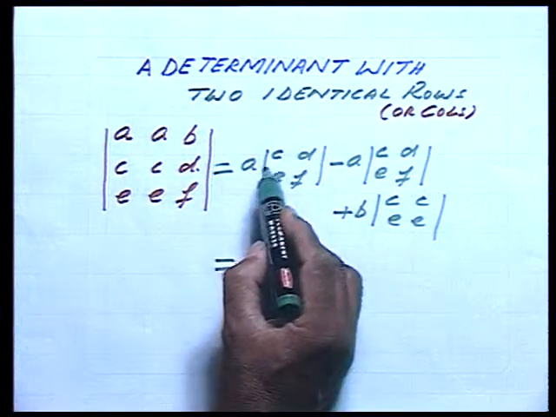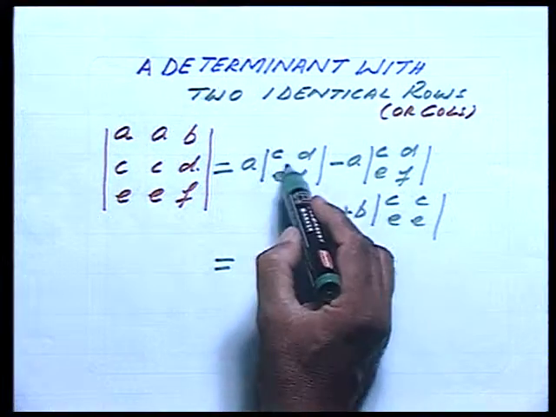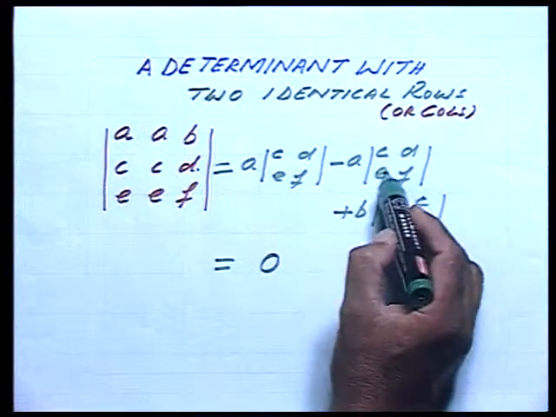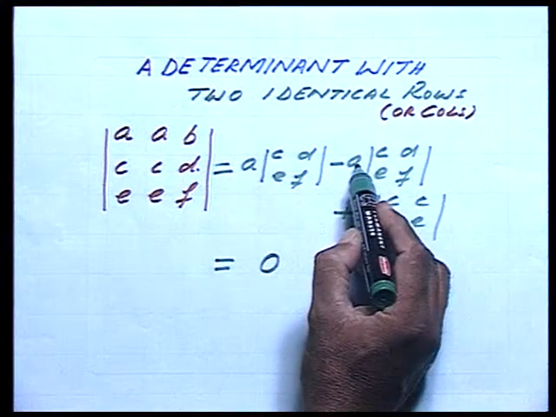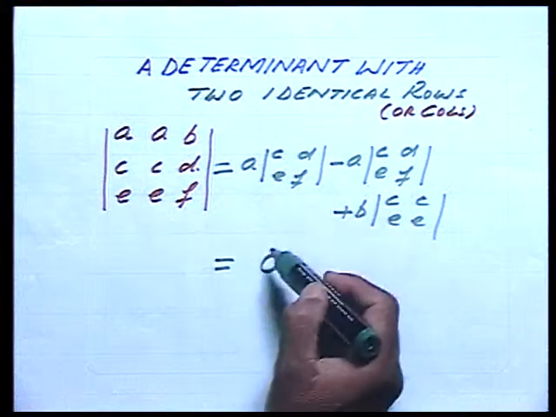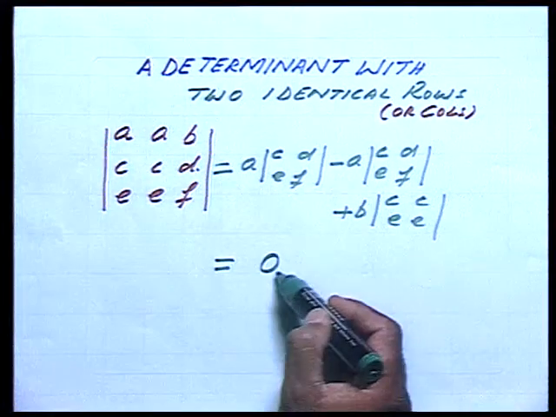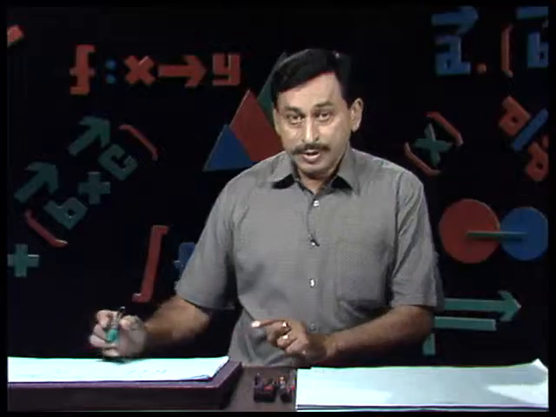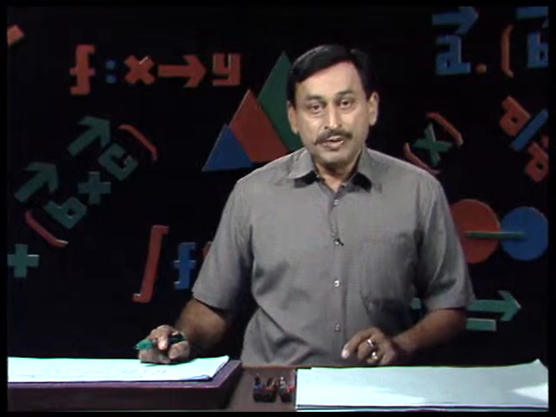Once again, this a multiplied with the determinant c d e f, identical determinant, same value, a the same number multiplying. So, these two values are equal. When these two values are equal and you are subtract, you get 0, and this c e minus c e is also 0.